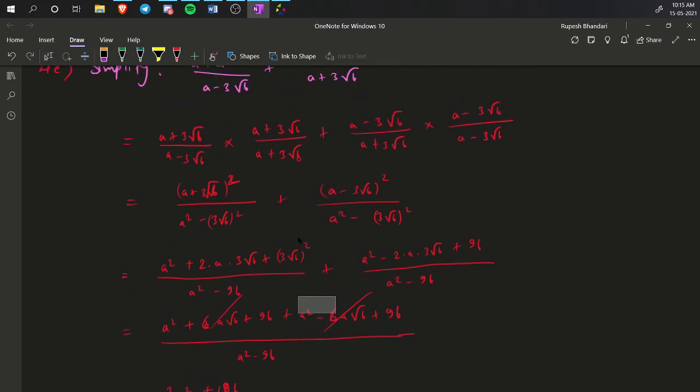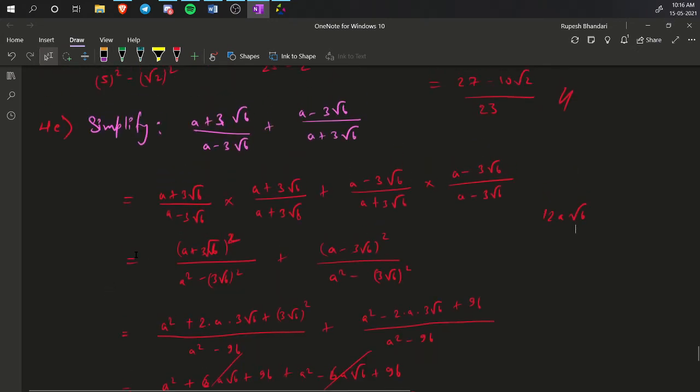Here's the answer. 12ab, right? 12ab. Okay, this one is good, I guess. A plus b whole square, right? So a square plus twice ab. So is that, b is that.